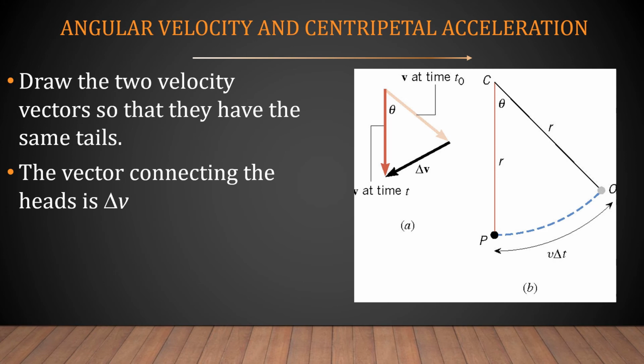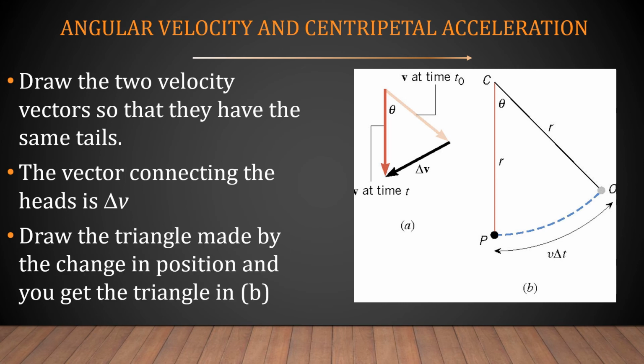So having radius r, this v times delta t is the displacement from O to P. Draw the two velocity vectors so that they have the same tails. The vector connecting the heads is delta v. Draw the triangle made by the change in position and you get the triangle in B.